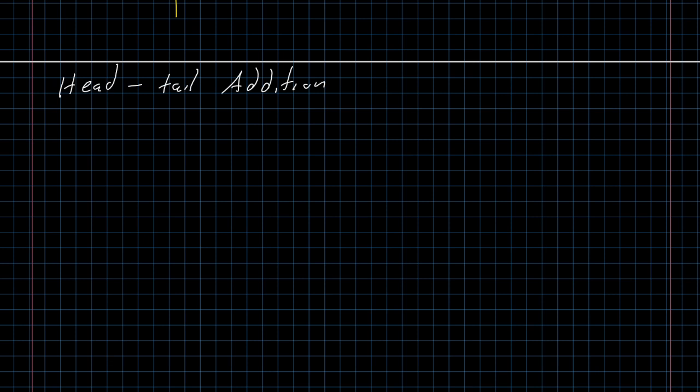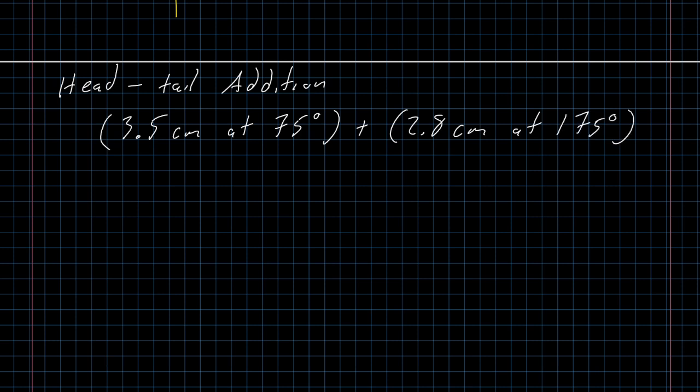When it comes to adding vectors, the picture of adding vectors is what we call head-tail addition. So if I have, let's say, 3.5 centimeters at 75 degrees, and I want to add to that 2.8 centimeters at 175 degrees, well, the way I'm going to set this up, I'm going to draw a very small set of coordinate axes at some origin.